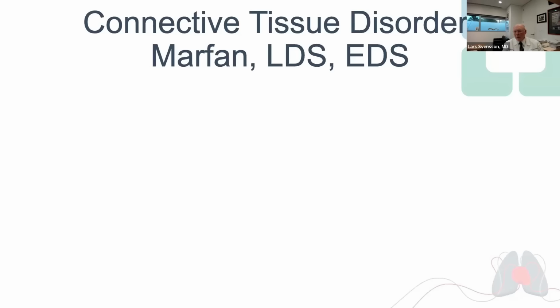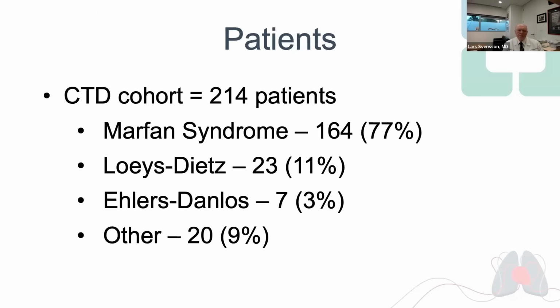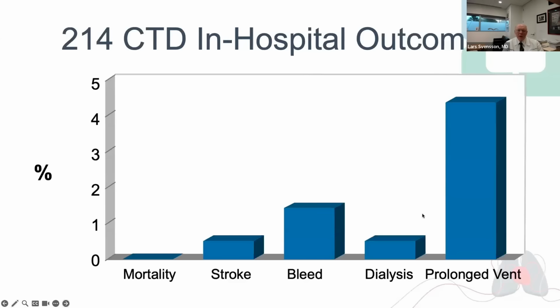And in retrospect, those were patients with Loeys-Dietz. And so I called them Marfanoid in that series. And then obviously Ehlers-Danlos has been known for a long time. So this is our 214 patients we studied a few years ago with connective tissue disorders.